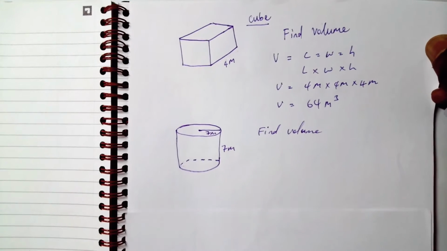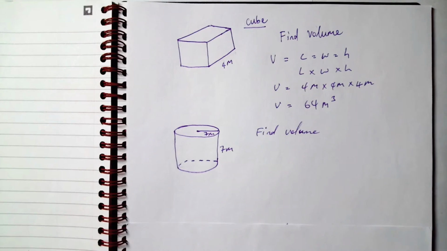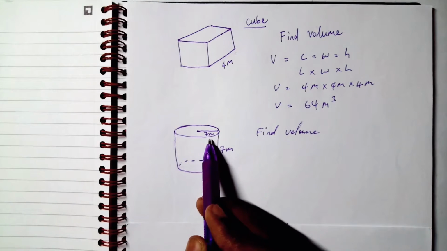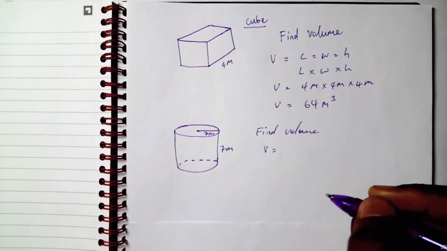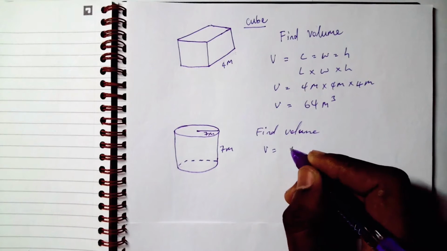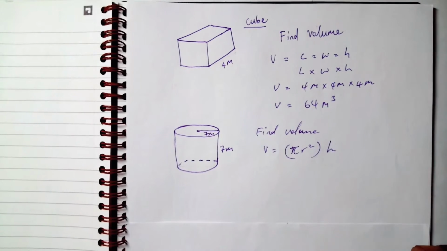Next example. We have here a cylinder. We were given the radius, 7 meters, and the height of 7 meters. What's the formula? The formula is pi r squared times h.